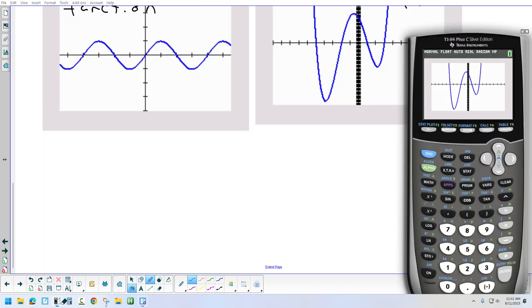All right. Let's try something like this. Let's go. I should have gone a little further left than right.